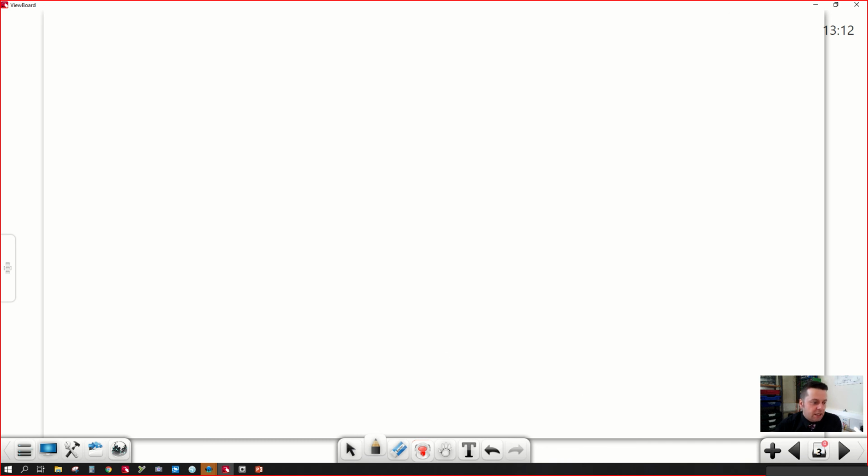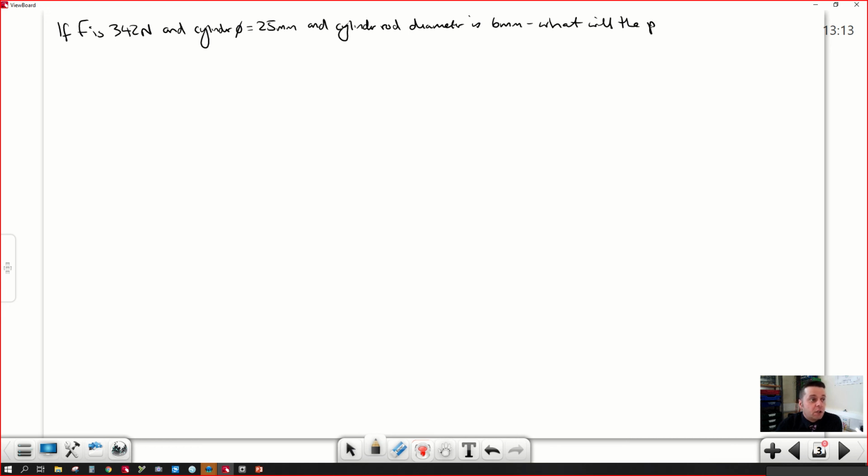So let's say they said the force is 342 newtons, the cylinder diameter is 25 millimeters, and the cylinder rod diameter is 6 millimeters. What will the pressure need to be?